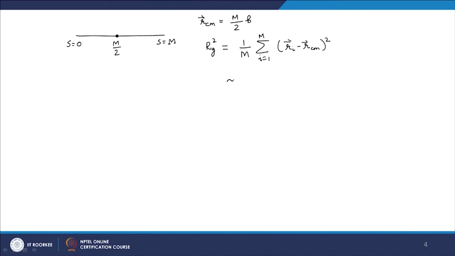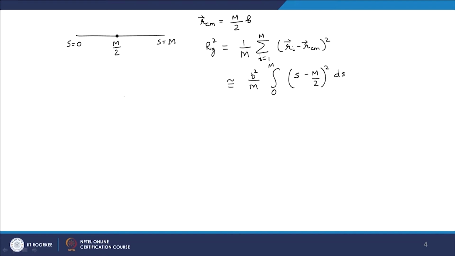So, now with the same kind of discrete to continuous representation, I can replace the summation by an integration from 0 to m, and I will have u minus m by 2. Let us keep the same variable s, and then we had a b square coming in front, and this has to be integrated with respect to s.